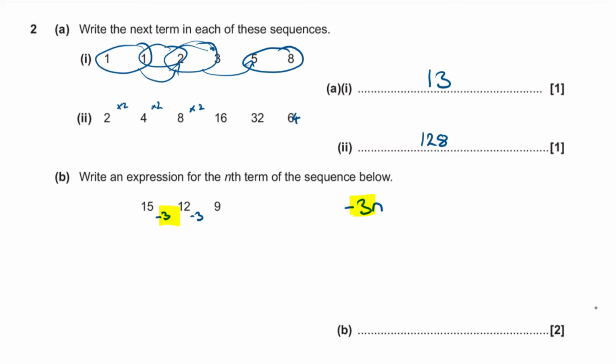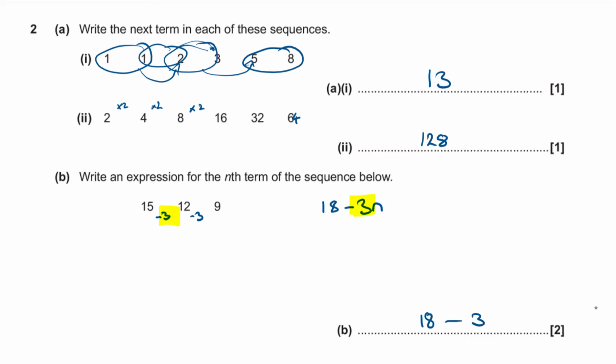But -3n, if n is 1, then -3n would be -3. So what would we have to add on to -3 to get 15? It would have to be 18. So 18 minus 3n would give me a first term of 18 subtract 3, which is 15, and a second term of 18 subtract 3 times 2, which would be 12. So that is my nth term.